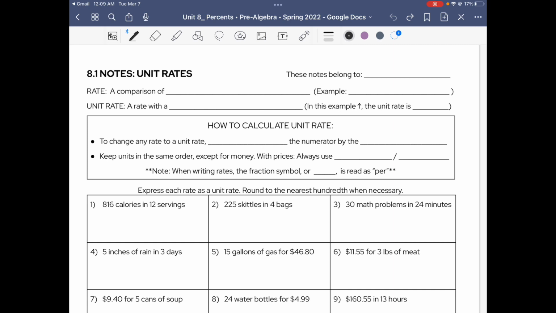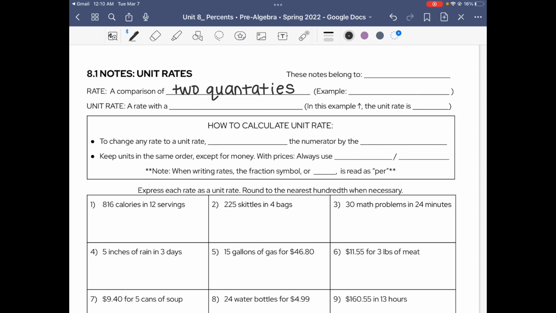All right, so we're going to be talking about something we've actually talked about before, and it might seem a little bit repetitive because it's something that you really need to know. So it is called unit rates. A rate is a comparison of two quantities. And a quantity is just basically like two different numbers.